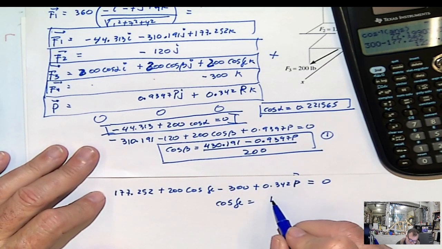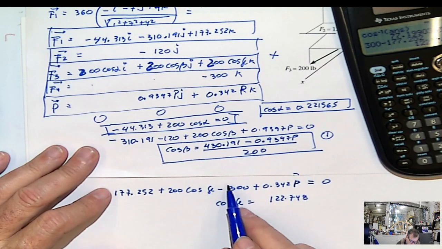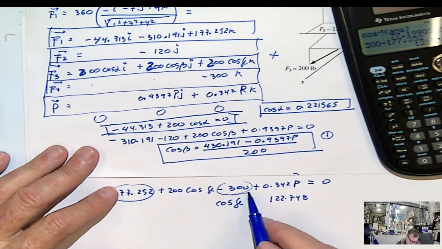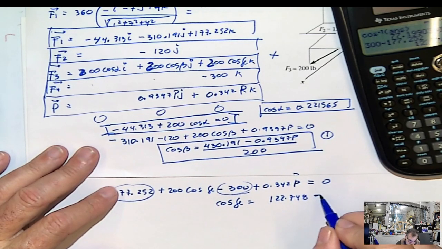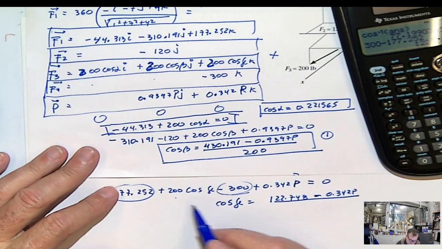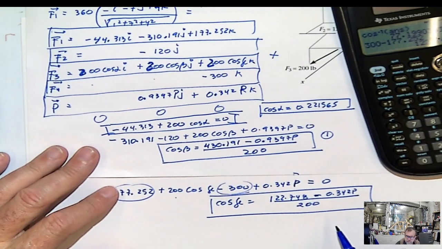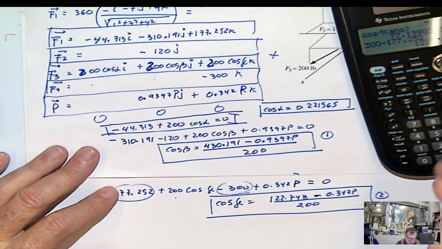It will be 122.748. Remember, that comes from this and that. It's going to be negative, pass it to the other side, positive. This is going to be minus 0.342P divided by 200. That will be cosine gamma. And I have a second equation here.